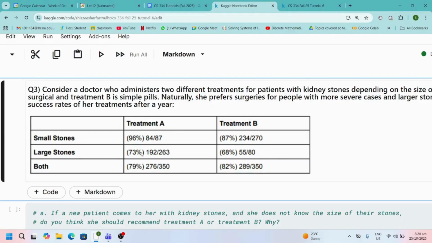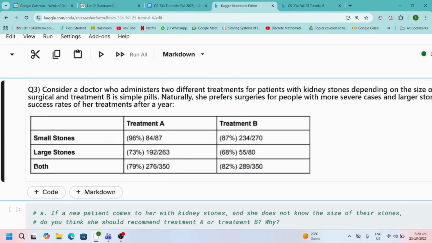Treatment A's success rate on large stones is 73%, and treatment B's success rate on large stones is 68%. So this is one possible way of approaching my problem. I can say that the doctor should administer treatment A because treatment A works better than treatment B for both large stones and small stones, or its success rate is better.